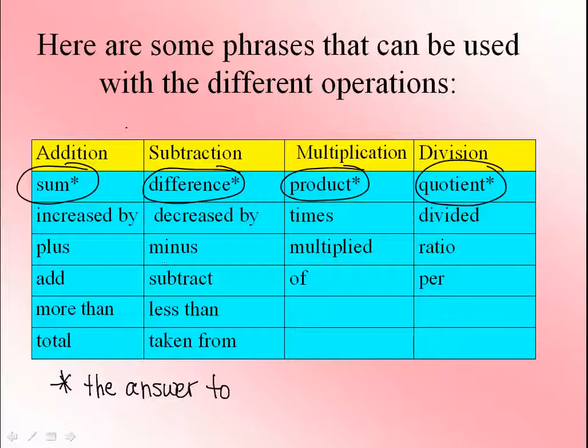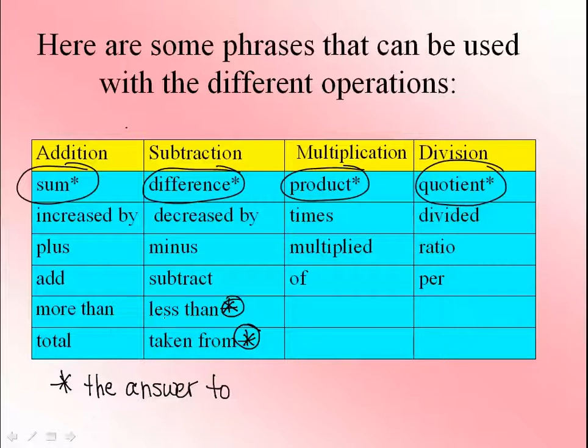There are some other words that we need to talk about here, and those are included in the subtraction: less than and taken from. The reason these are important is that they actually switch the order in the problem. For example, if I said 5 minus 2, I would write the 5 first, then a minus sign, and then the 2.